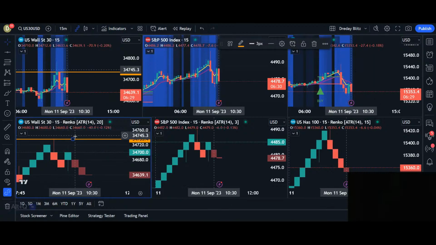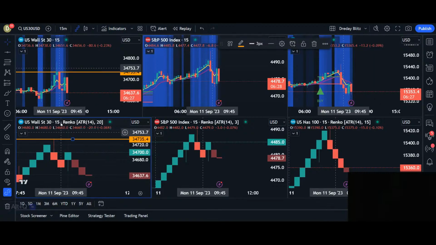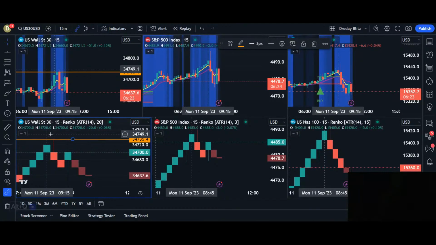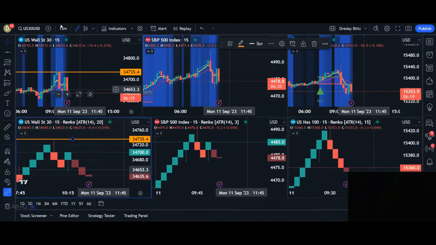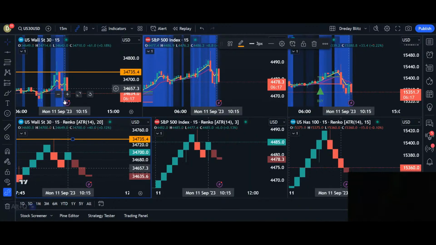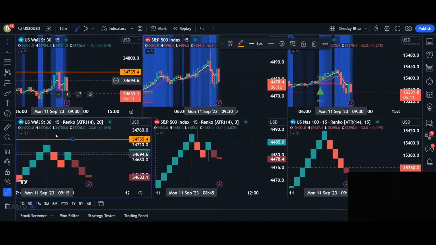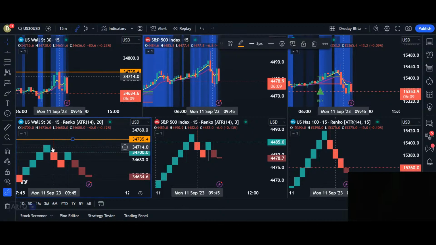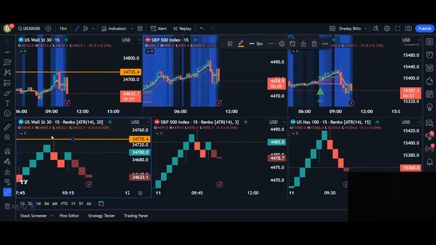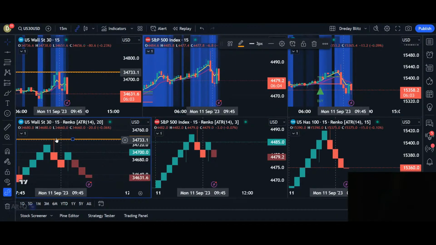The reason why is that the wick is confirming that this is where the reversal was done based off that candle. So on that sell setup that I entered here, I put my stop loss here, but it was supposed to be here. So that's an error on my part.